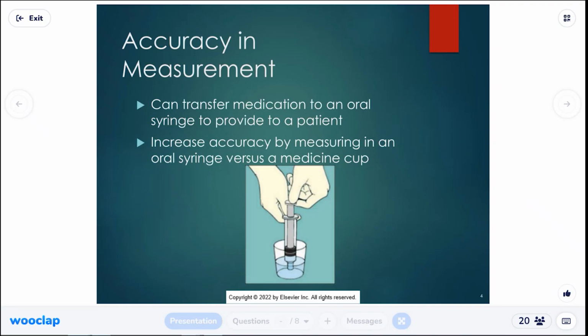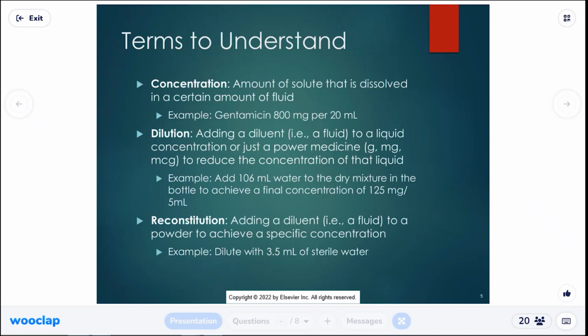Not the luer lock, where it has a little locking mechanism for IV syringes. You can draw up exactly what you need and put it in the medicine cup, so there's no eyeballing. Is that a quicker solution? Not necessarily, but if you've got to be as accurate as you possibly can, that's the way you need to do it. So that covers a lot of that.